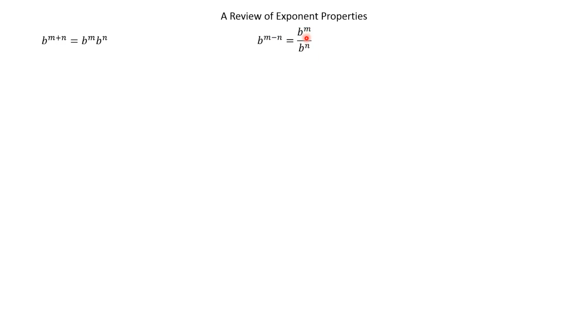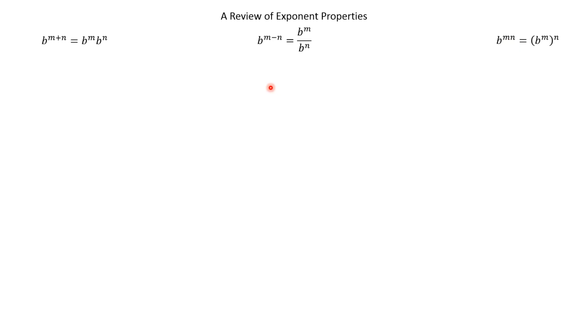So x to the seventh divided by x cubed, 7 minus 3, would be x to the fourth. And then finally, a power of a power. If we have x squared cubed, we end up multiplying those two exponents to get x to the sixth.